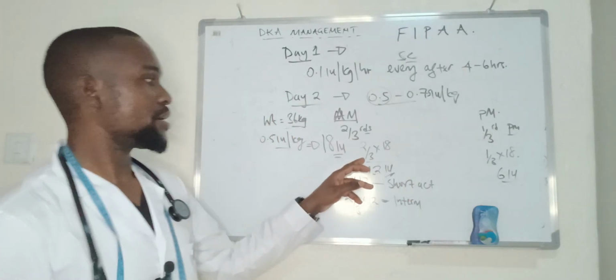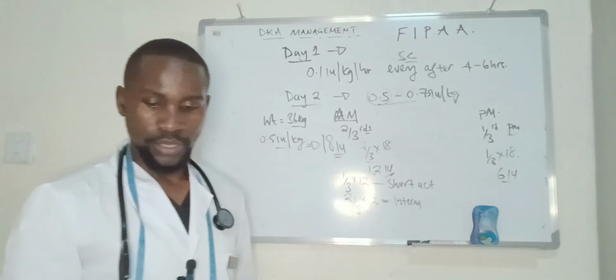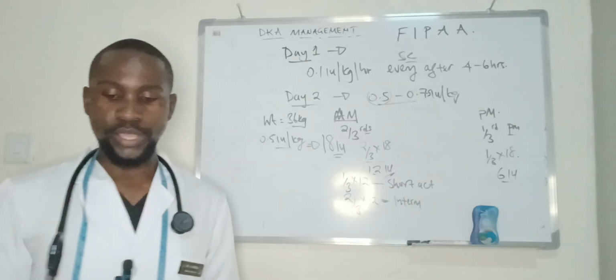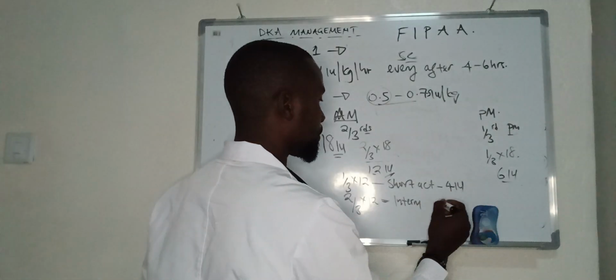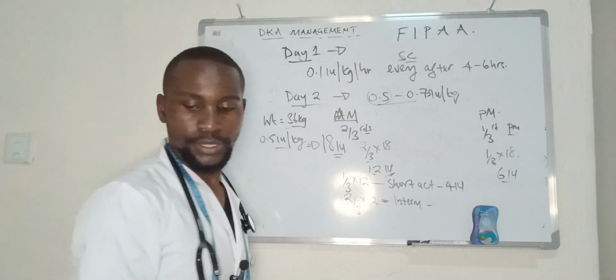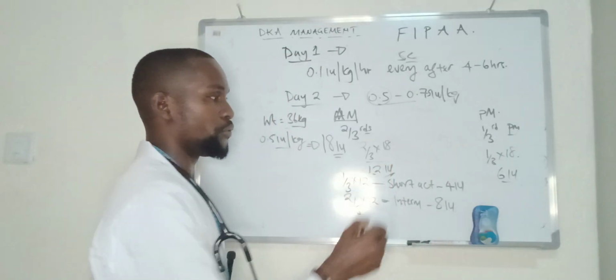So in the morning you give short acting 4 international units and intermediate acting 8 international units, total 12.